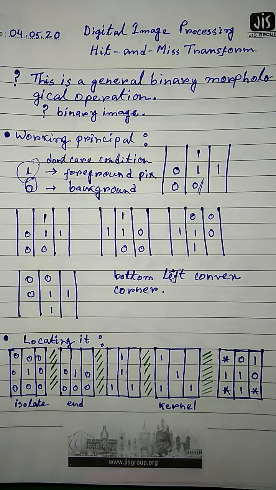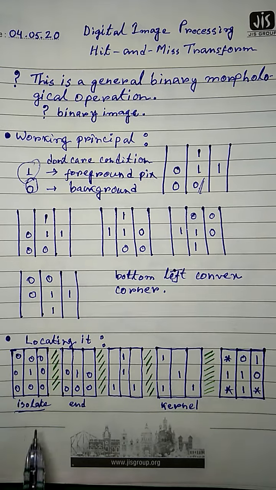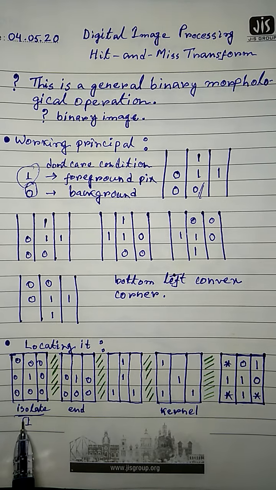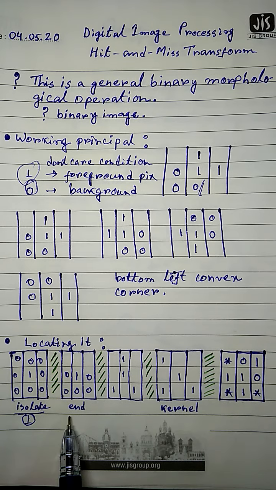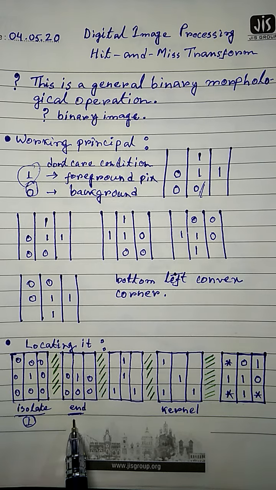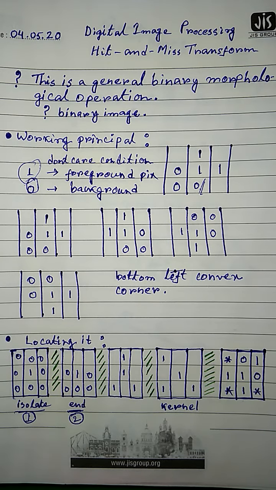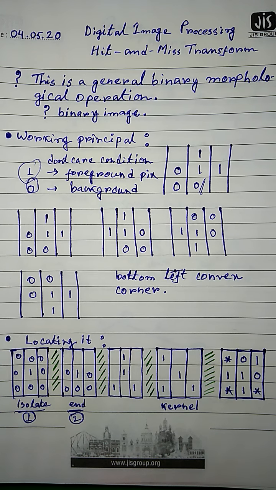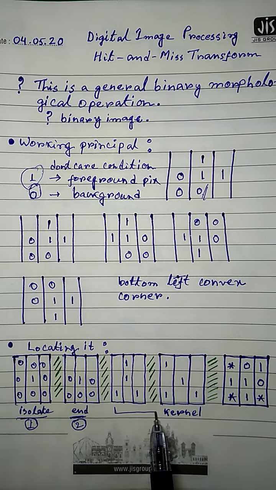It is clearly noticeable how it will start. This is the isolated point for number 1 condition, and this is the isolation. This is the end, where it will stop. And the other 3 are the kernel.